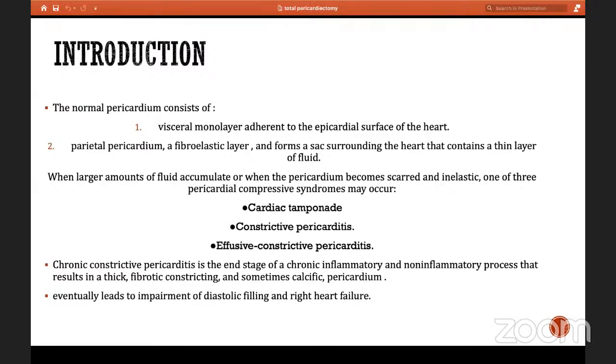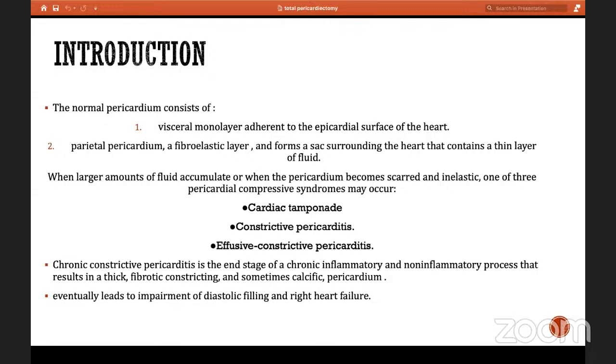When a larger amount of fluid accumulates within the pericardial sac, or when the pericardium becomes scarred and inelastic as a consequence of inflammation, one of the pericardial compressive syndromes may occur: cardiac tamponade, constrictive pericarditis, or a mix of both, known as effusive constrictive pericarditis.